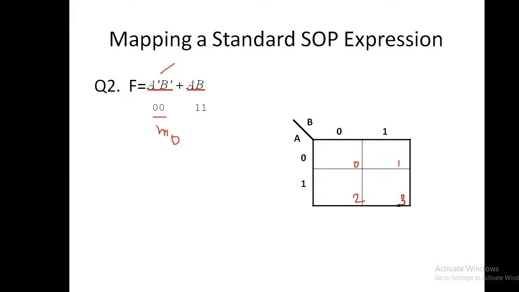Every time I will not convert this into binary and then to decimal. In some books you will see A here and B here, with 0 1 written differently.